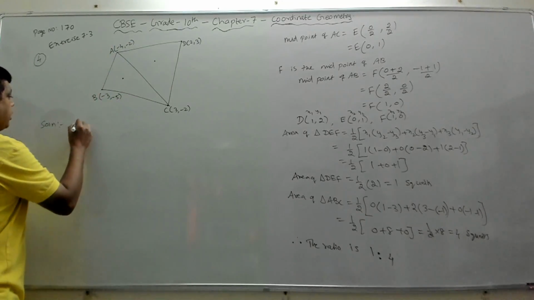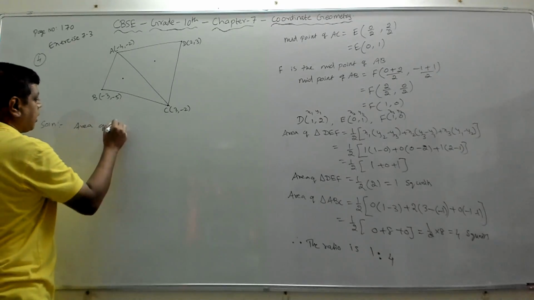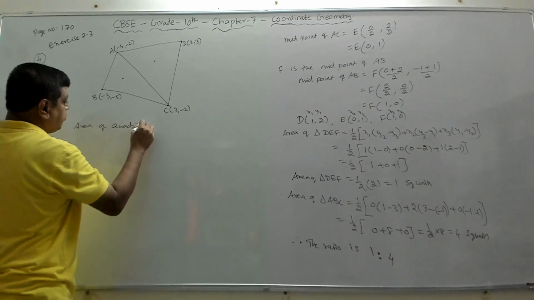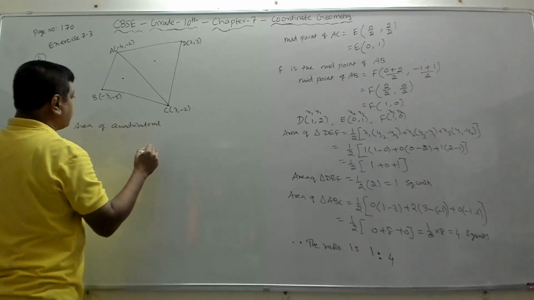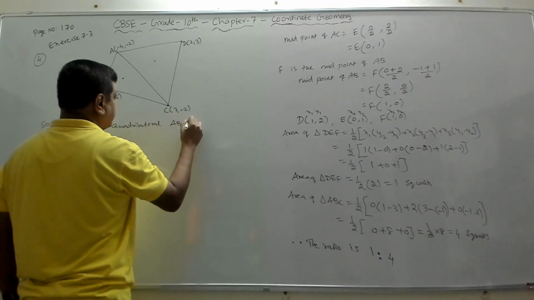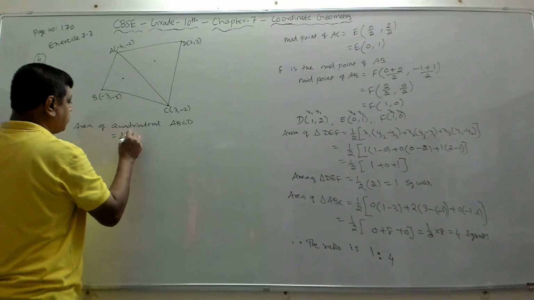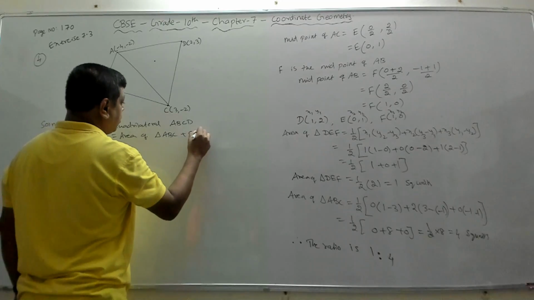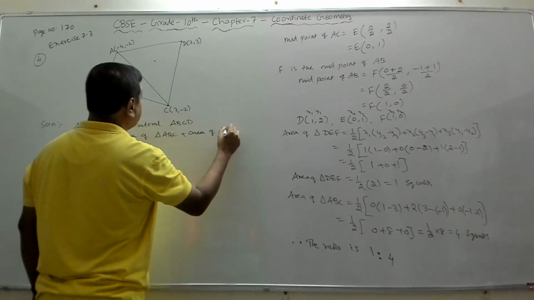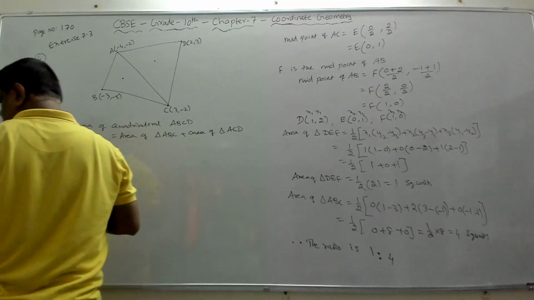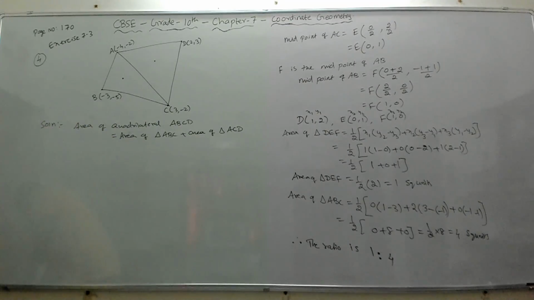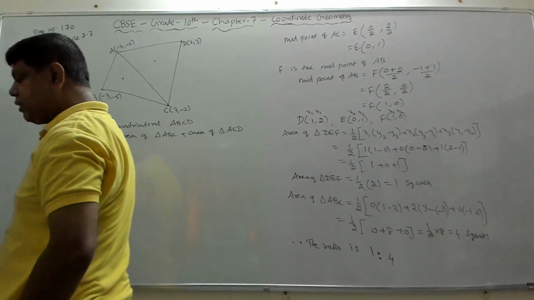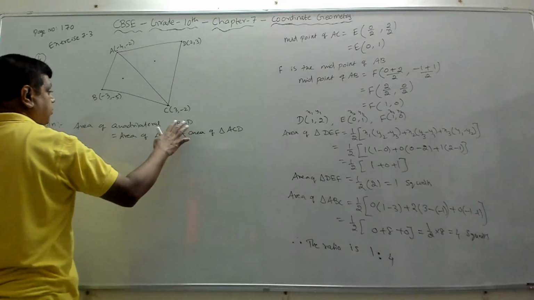So the area of quadrilateral ABCD is equal to the area of triangle ABC plus the area of triangle ACD. That will give the area of the quadrilateral ABCD.